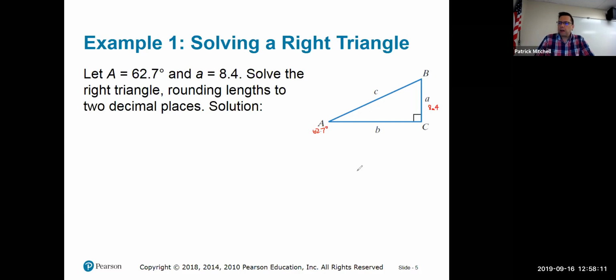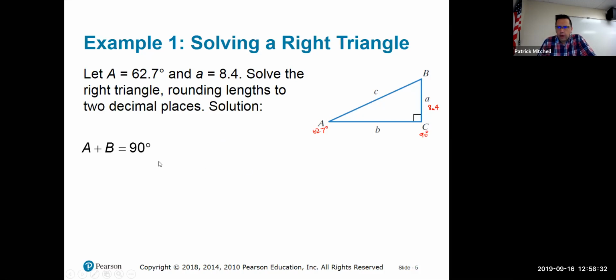Okay, so an easy place to start, since we know that angle C is 90 degrees, we can use the fact that the three angles of a triangle have to add up to 180 degrees to find angle B, right?